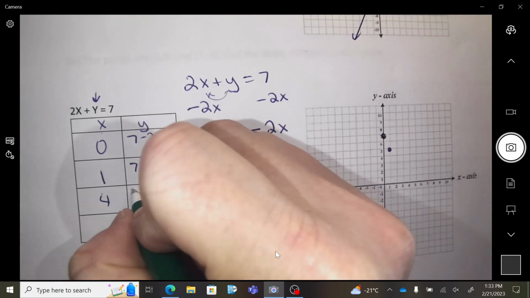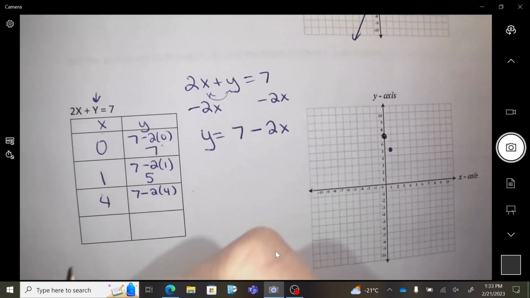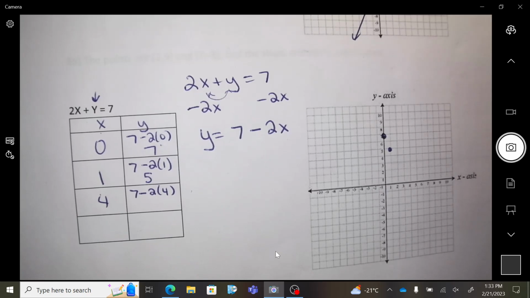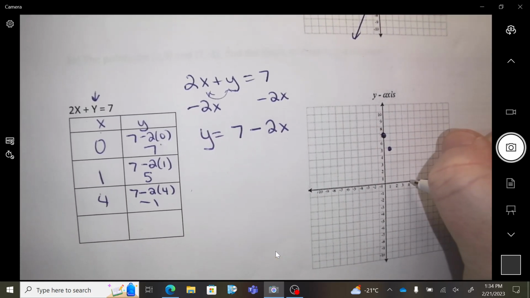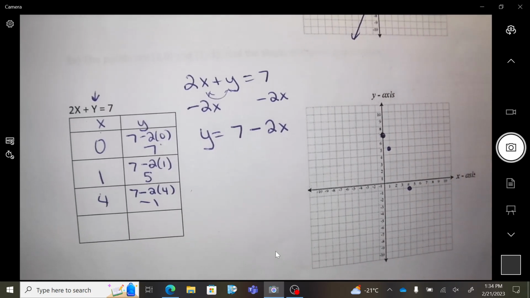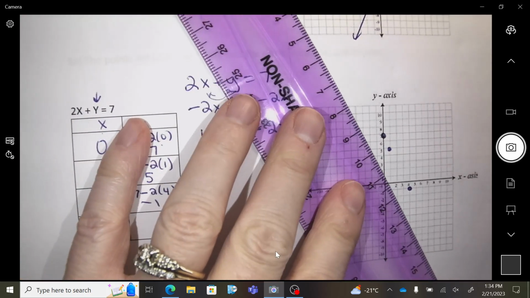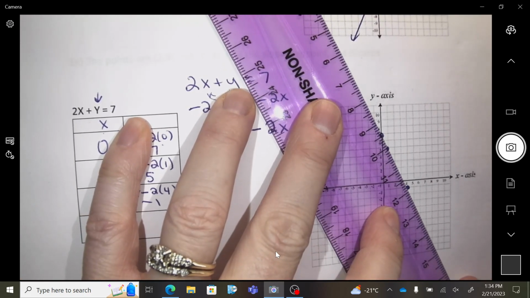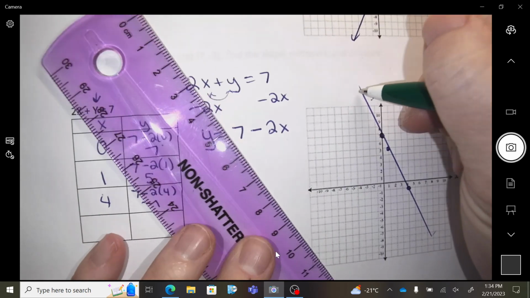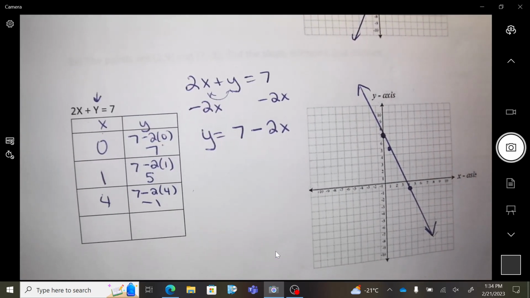So what is 7 subtract 2 times 4? Careful there with your math. 7 subtract 8 gets you to -1. So 4 comma -1. Do I already see my pattern? I can see my pattern already. I'm not going to do a 4th point on that one. I can see the connection. And I've made 3 points and they have formed a line.